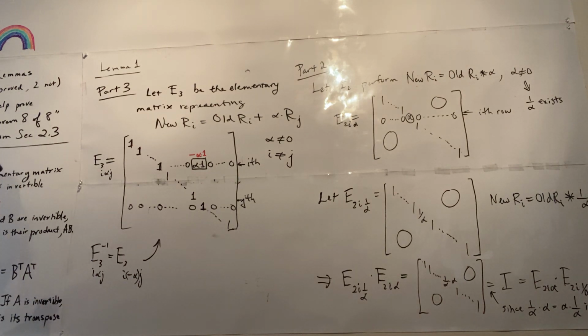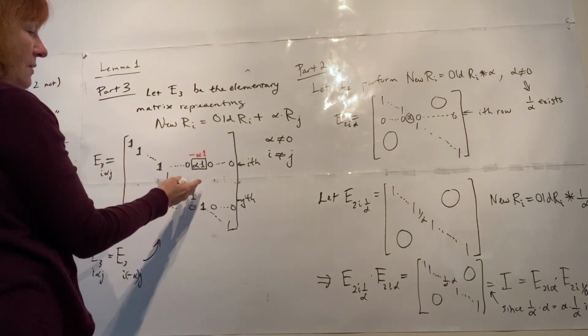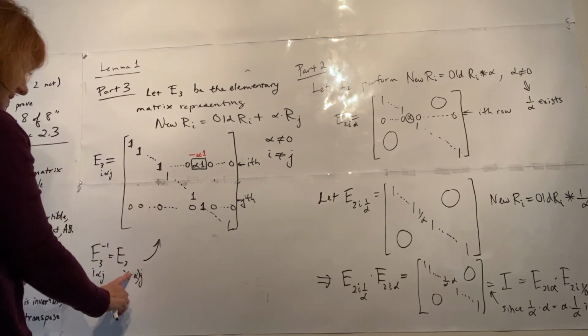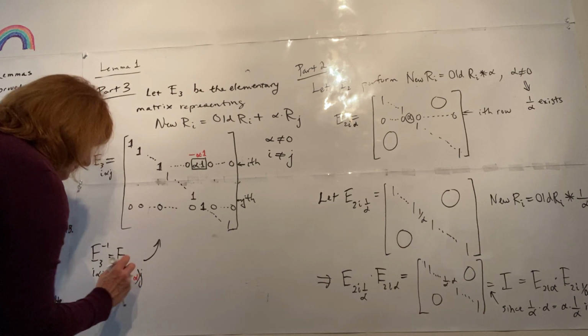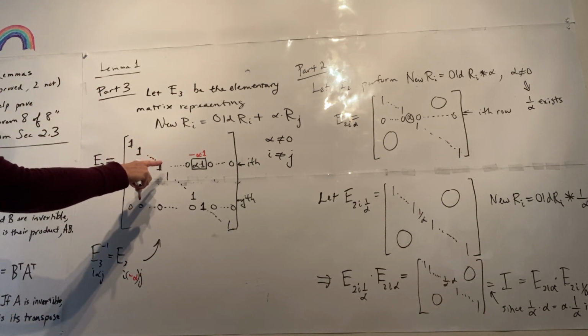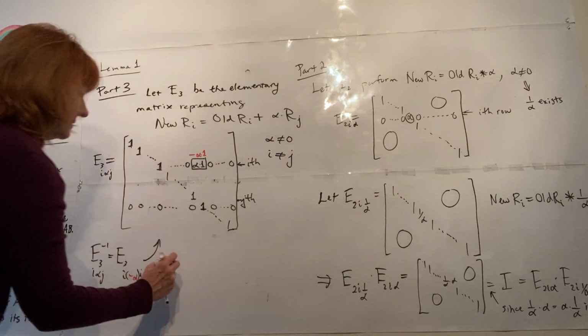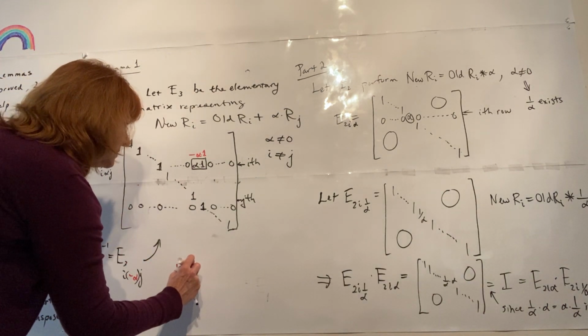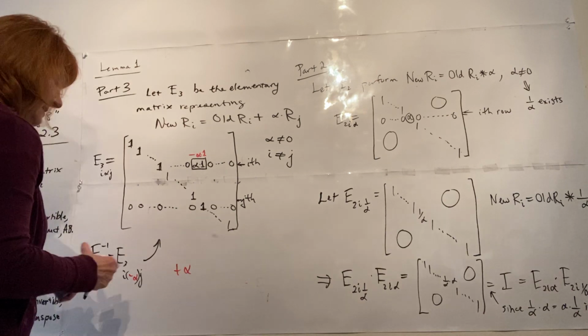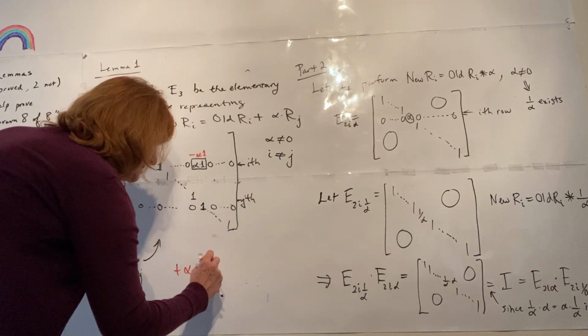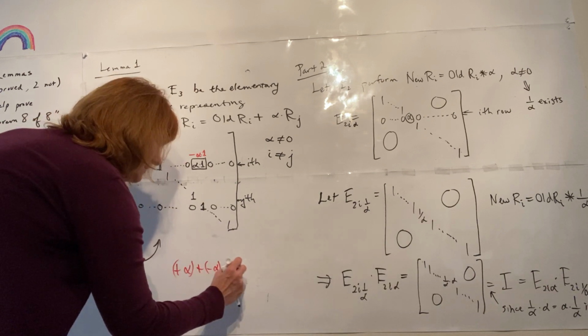Okay. So if you now multiplied these two matrices, one by the other, in the one case you're going to be adding alpha times row J to row I, and in the other case, in this one, you're going to be subtracting it. So if you start with this one and then multiply by that one, the plus alpha times 1 in the jth spot, added to the opposite of alpha, well, that's just going to be equal to 0.